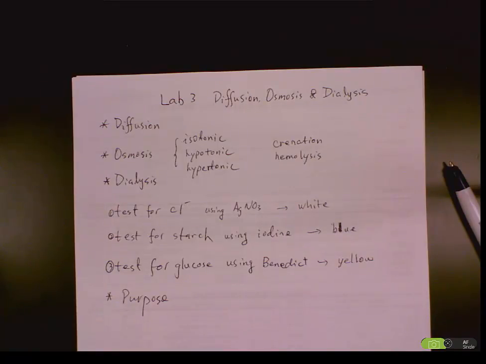However, if the blood cells are placed in a lower solute concentration, those cells begin to expand and may burst. This process is called hemolysis. The mechanism of the two processes is the same. They are caused by osmosis. We will have a question about these two concepts.